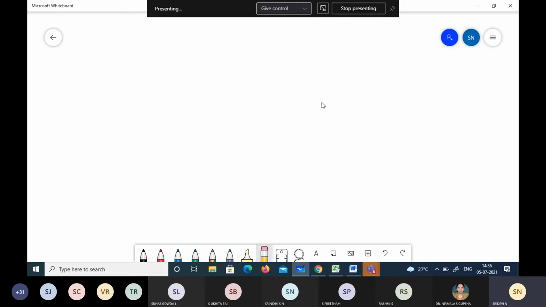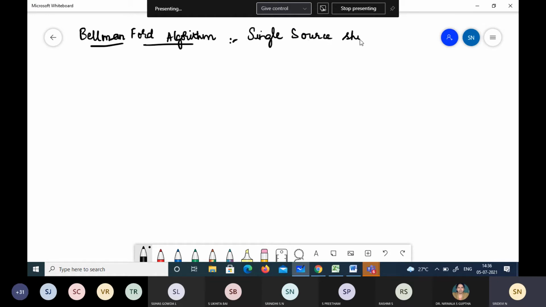So what is the topic we are discussing today? The Bellman-Ford algorithm. What is this an example for? This is again an example for single source shortest path.